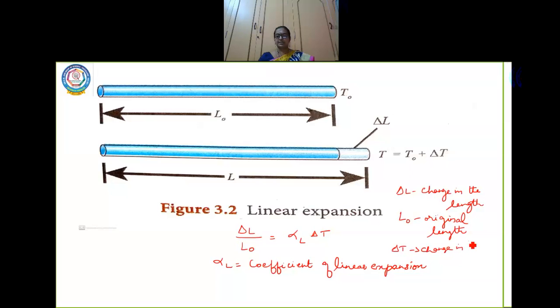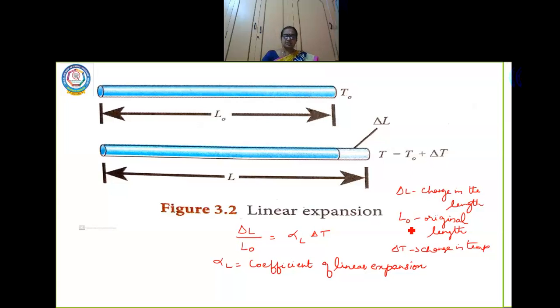So when the temperature is changed, how the length is changed? Change in temperature is again final temperature minus initial temperature. So this is about linear expansion. So if the length is changed, then it is defined as linear expansion. When a body is heated or cooled, the length of the body changes due to change in temperature.